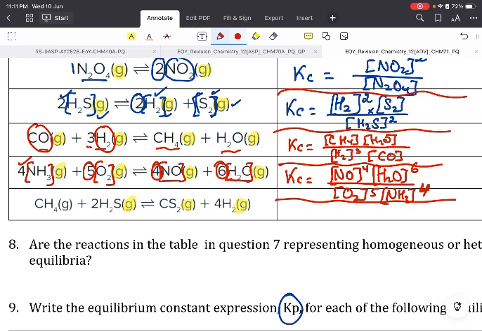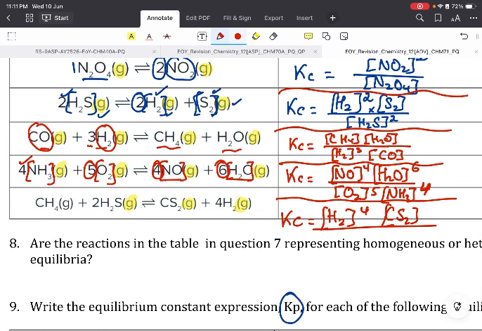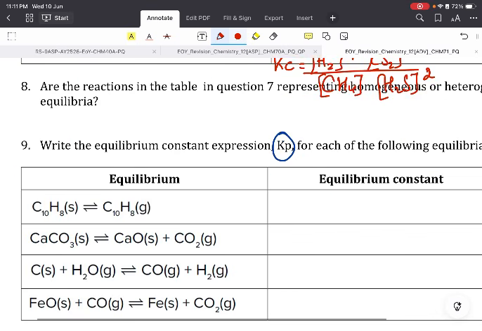Now, for the last example, Kc is equal to hydrogen raised to the power of 4 multiplied by CS2 over CH4 and H2S raised to the power of 2.